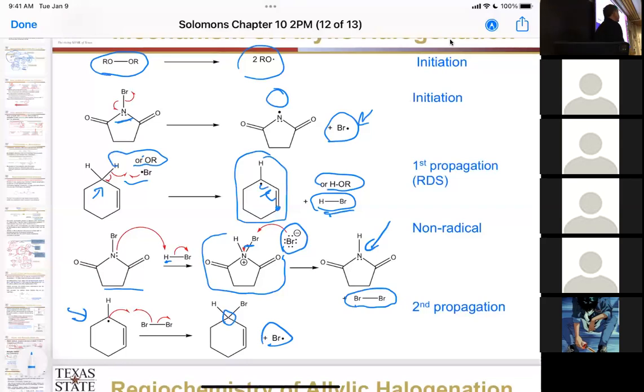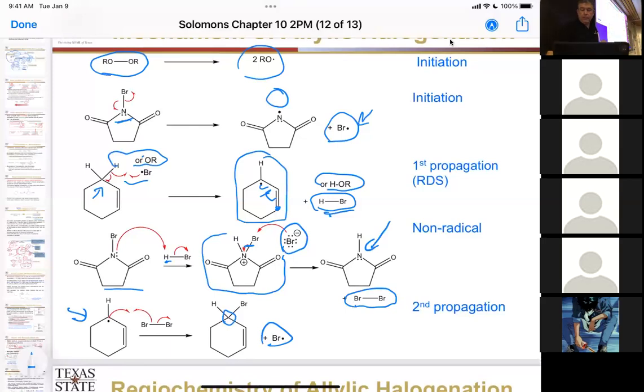In this substrate, it doesn't matter which side it does. It's a secondary allylic radical on both sides, and the product is symmetrical. So we're lucky that we chose cyclohexene, which will give us that 3-bromocyclohexene no matter which side of that allylic radical it attacks. Okay, questions on that?